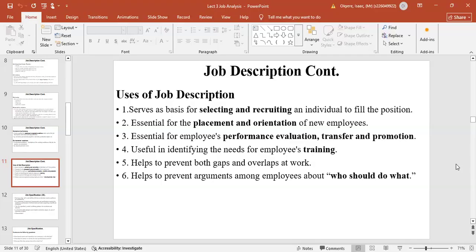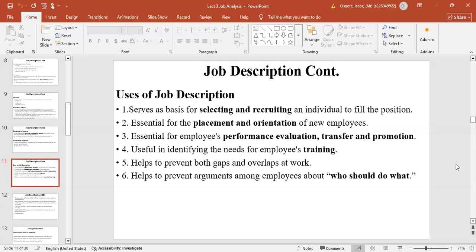Job descriptions are also used for job performance evaluation. So it's used to know the amount of money that we should give to you. Now, job descriptions are also used for training purposes.